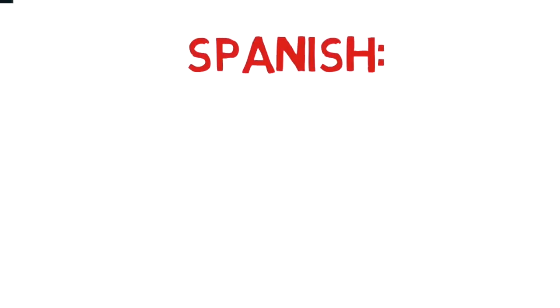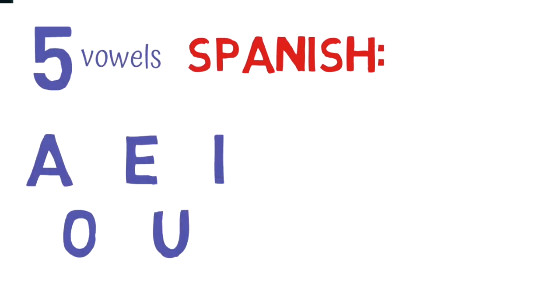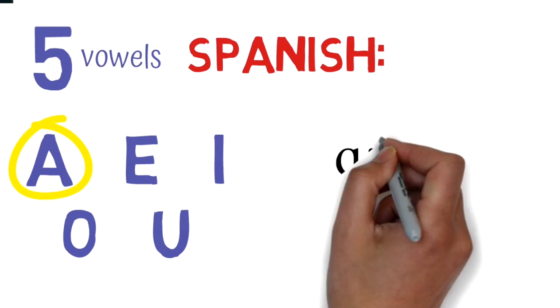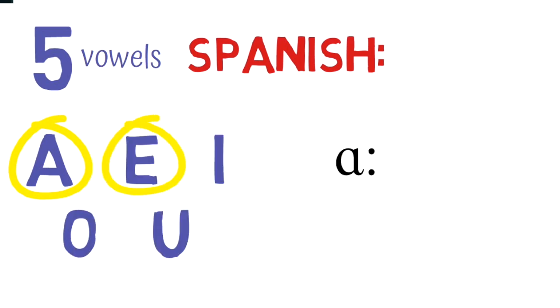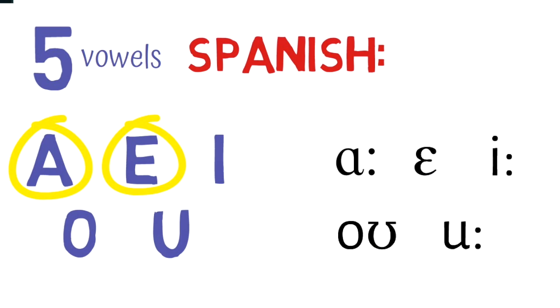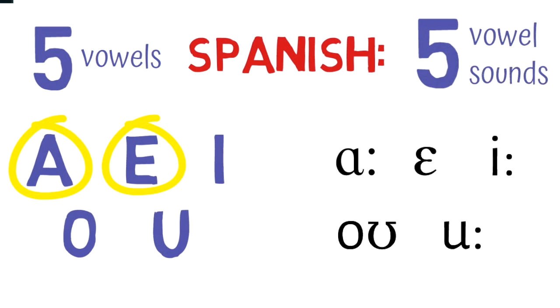In Spanish, for example, which is a language I speak, there are 5 vowels. This letter always makes the sound ah, represented in the International Phonetic Alphabet with this symbol. This letter always makes the sound eh, etc. With 5 vowels, there are 5 vowel sounds.